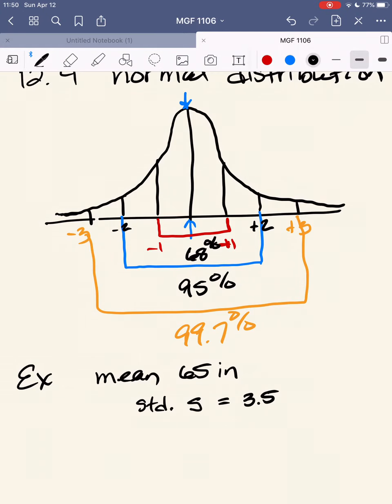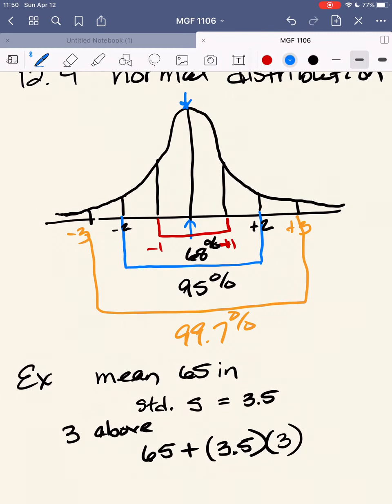I want to find the height which is 3 standard deviations from the mean, and I want them above the mean.